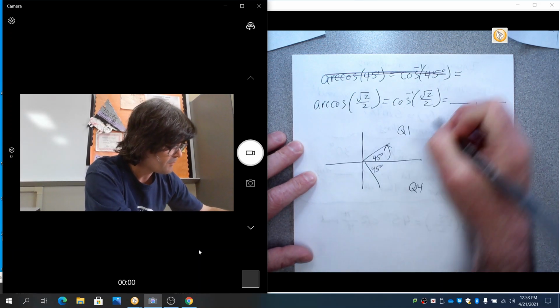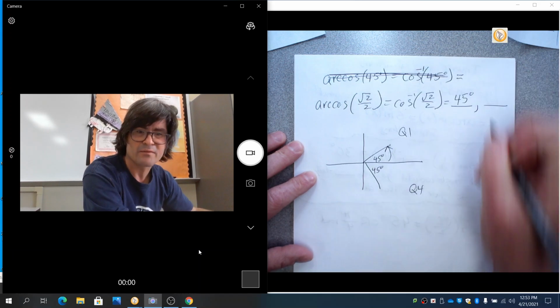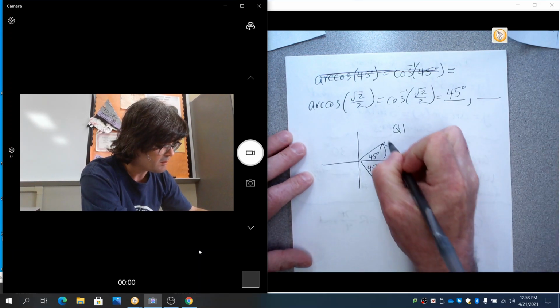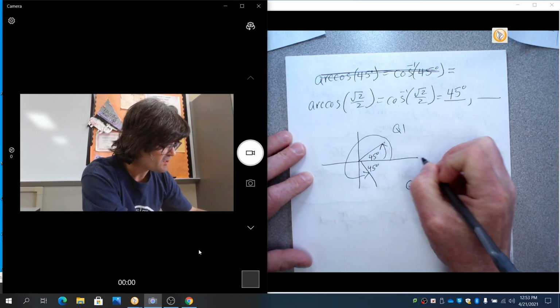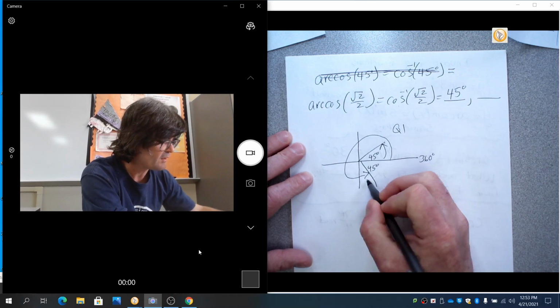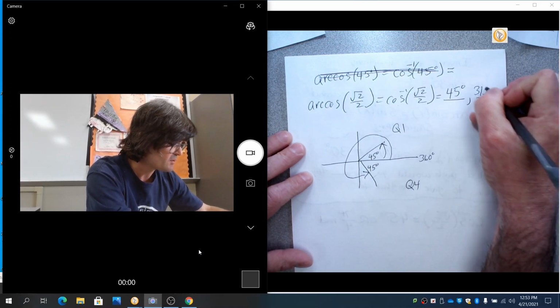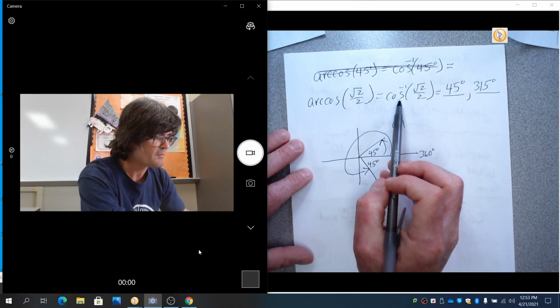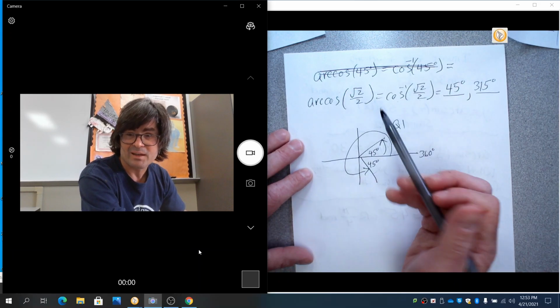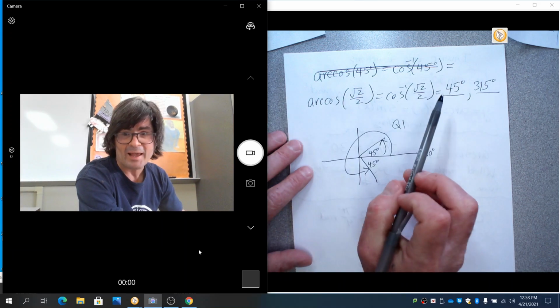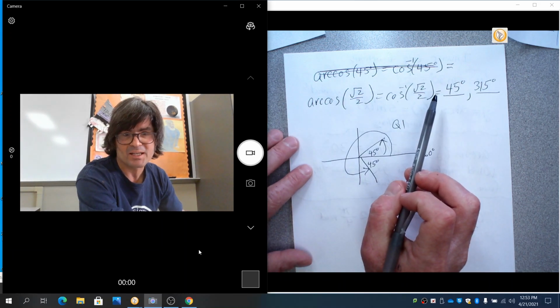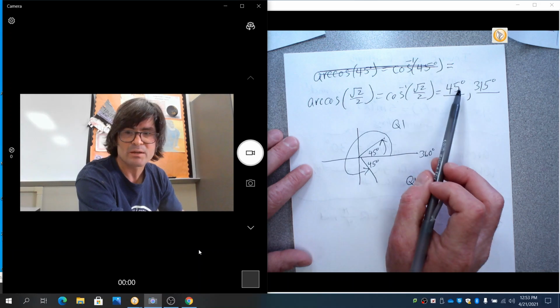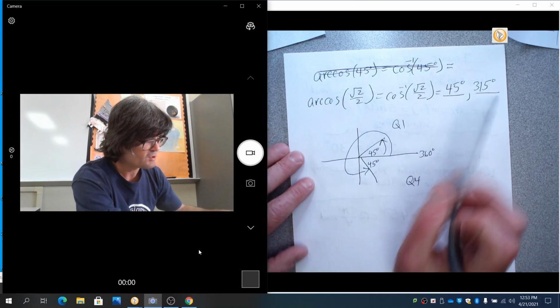So one answer is 45, definitely. The other answer is all the way around here. This is 360. So if you back 45 off of 360, the other answer is 315. So again, the inverse cosine of root 2 over 2, in English, means what angle could I put into cosine to give me root 2 over 2? That's 45. That's 315.